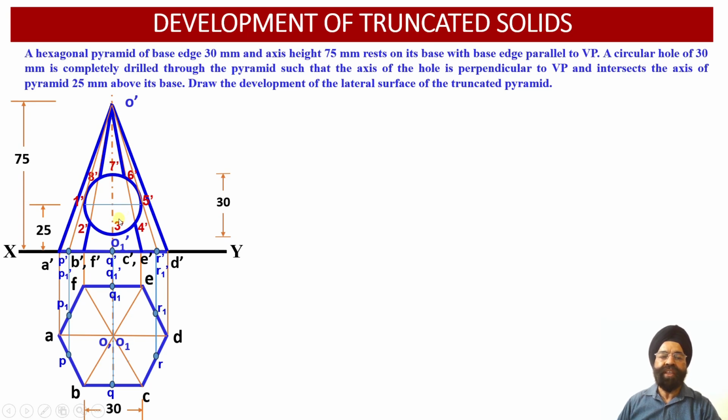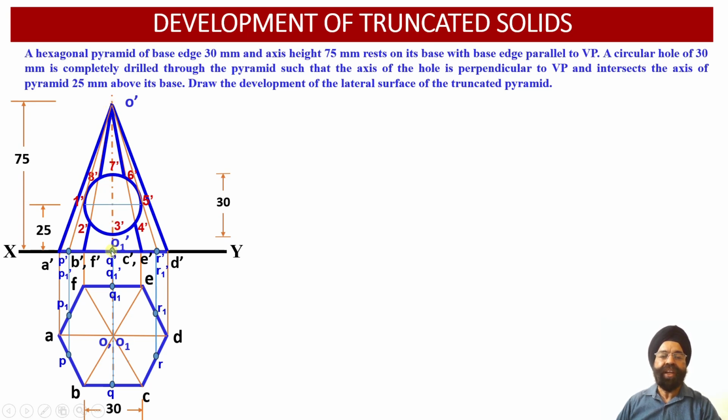So these 2 points of intersection of the circular sectional plane with the hexagonal pyramid can be obtained once we draw 2 more artificial generators, joining O dash with Q dash and Q1 dash.